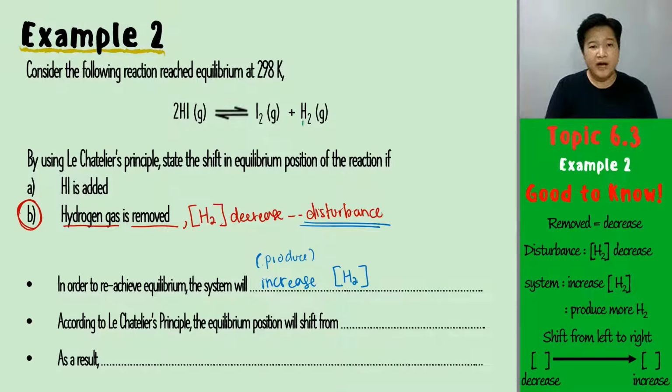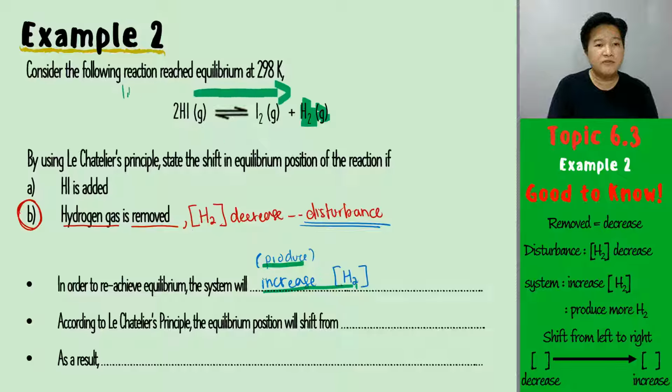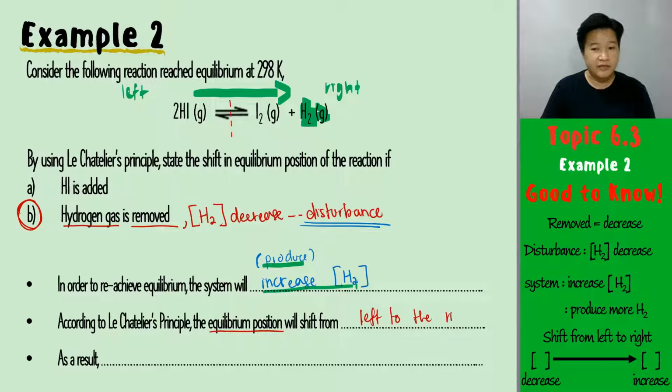And your hydrogen gas is located over here, and I want to increase the concentration of it, or I want to produce it. Therefore, we will be shifting from the left to the right over here. Bear that in mind again, the left-right is before and after the arrow. Okay? So, according to Le Chatelier principle, the equilibrium position will shift from the left to the right. I hope you agree after so many examples, okay?